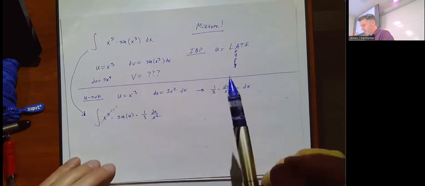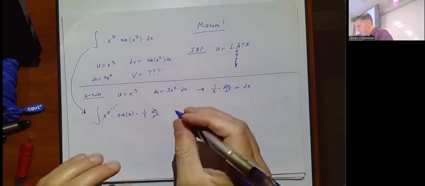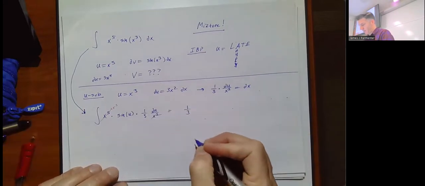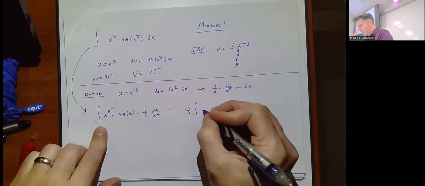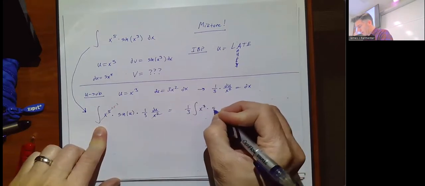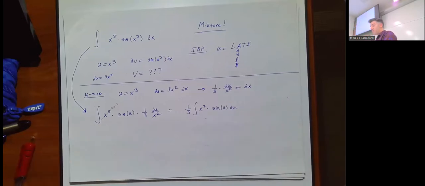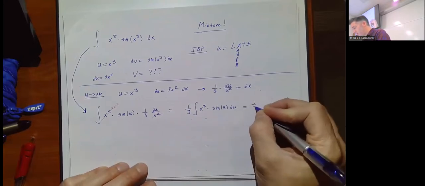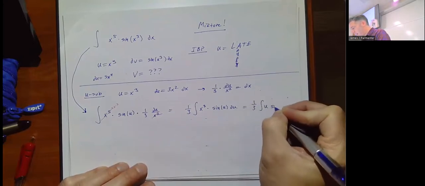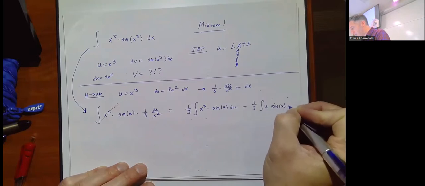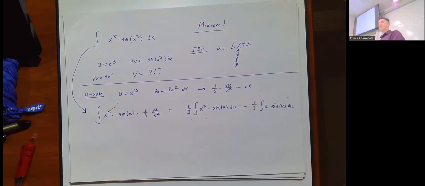So now I've got 1/3, let's bring it out in front, times x cubed times sine of u du. And now, what's x cubed equal to? u. And this is where, if I had been thinking more ahead, I would have used a different variable for my u substitution so that I could still use u and v for my integration by parts. But since I didn't, we're going to use w instead of u.